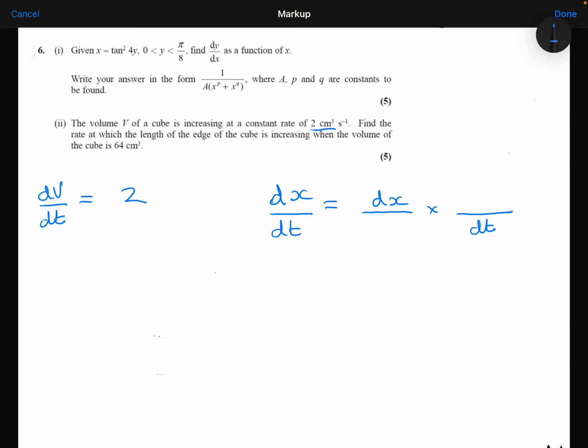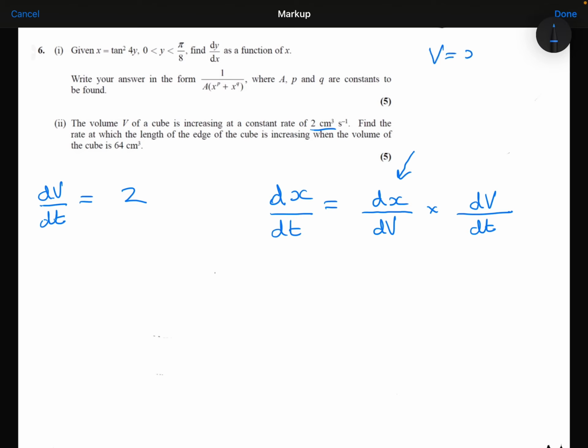Well, I know that dv by dt is 2, so it'd be useful to have that involved, which would make this become a dv as well. So now I'm thinking about how v and x are related to one another. How is the volume of the cube related to the side length x?